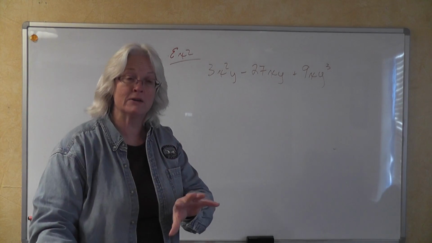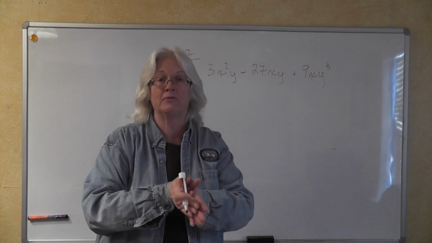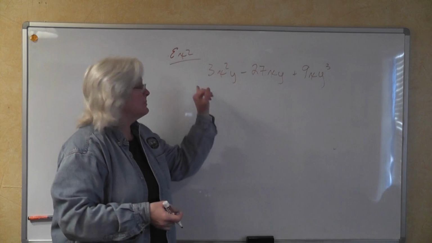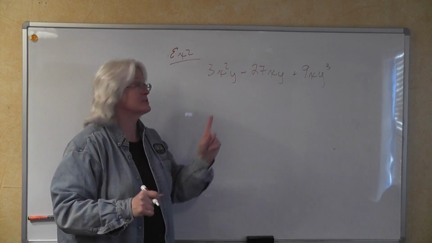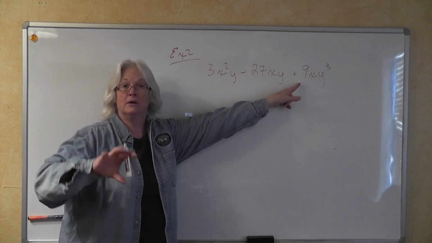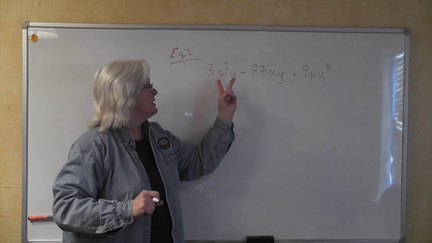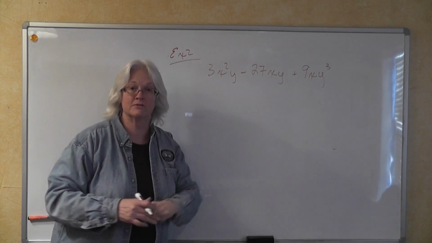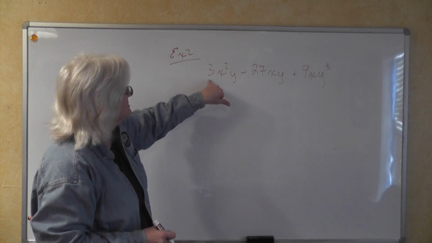Now our greatest common monomial factor, they call it simply the common monomial factor, is going to be two parts here, if possible. There's typically a common constant factor, and there's typically a factor in common that involves a variable. So let's look at these coefficients first.